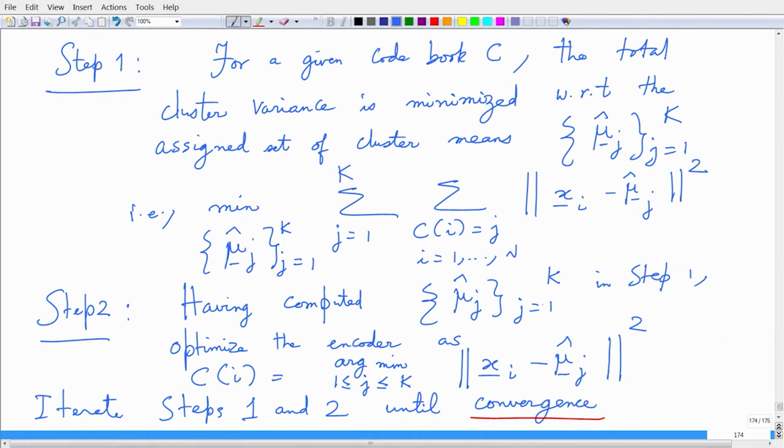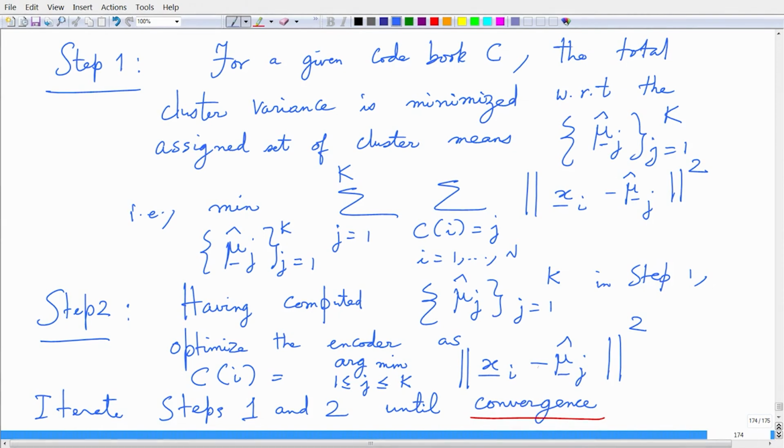Now, once we obtain all these mu_j hats, j equals 1 to k, because we started with our intent to have k clusters, we optimize the encoder to choose the label i for a data point which is minimum over all the distortion functions, right. So, I give you x_i, a data point, we compute the distortion x_i minus mu_j hat over all j from 1 through k.